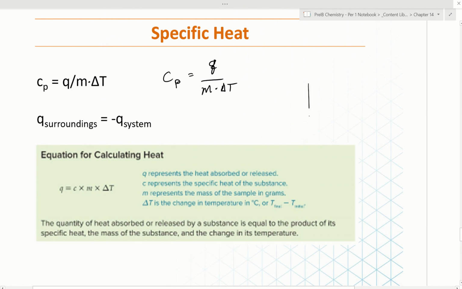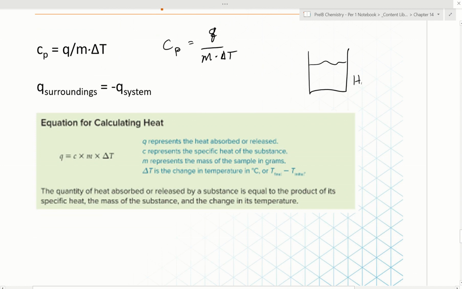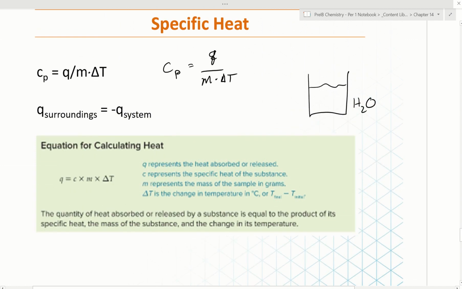Most of the time, we're going to have problems that look something like this. I have water here, H2O, right? And in my H2O, I'm going to take a block of metal that's hot. So it's radiating out heat, and I drop it in the water. Well, the temperature of the metal decreases, and the temperature of the water increases.